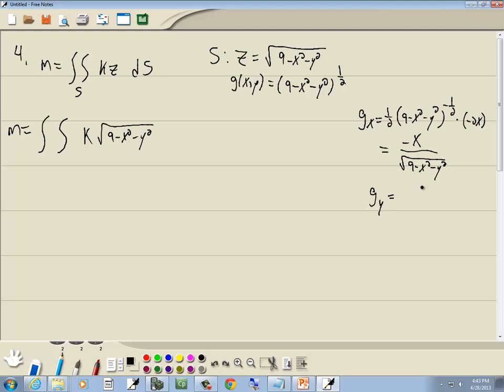Now our partial with respect to y. Let's see. We drawing a blank here. Oh, same thing as that, except for it's negative y over square root of 9 minus x squared minus y squared. Well, now we're ready to plug it in our formula.